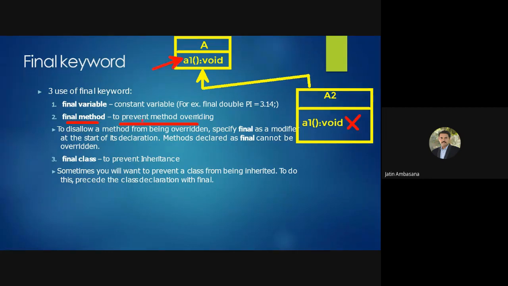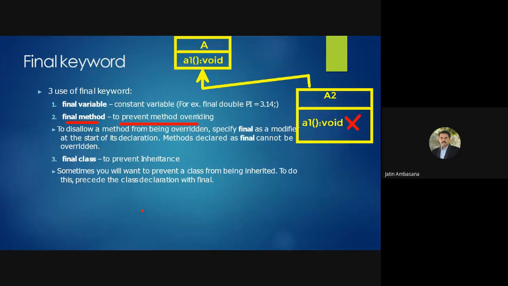If this A1 is a final method, got it? So the subclass cannot override the superclass final method. As simple as that. You want that the subclass should not override my method, then you simply use the final method.